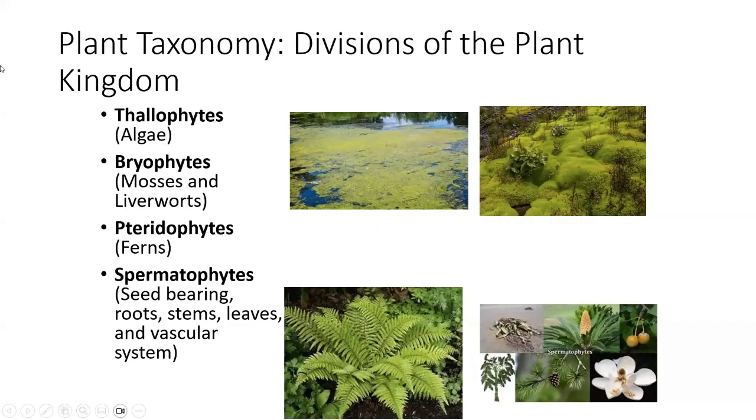All right, a little bit more on plant taxonomy, and I might have gone too much into this. Not only are plants divided into the kingdom Plantae, but they can also be the algae, such as thallophytes, bryophytes, or bryophyta, which are your mosses and your liverworts.